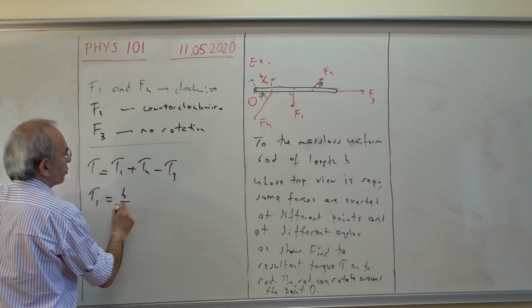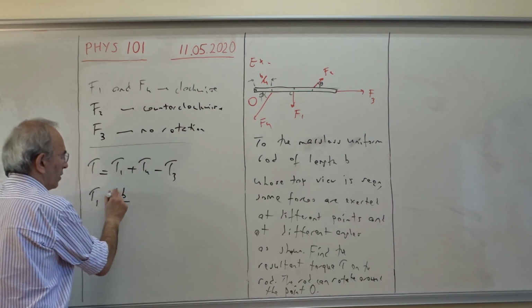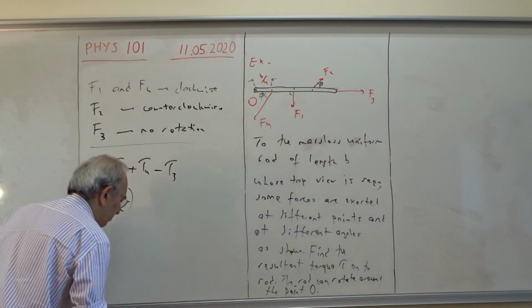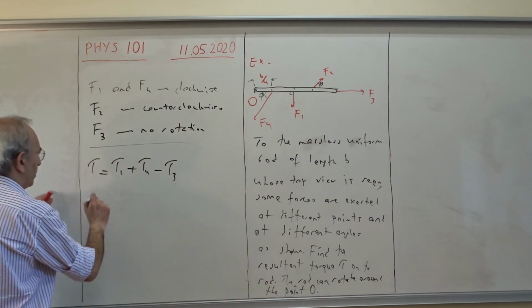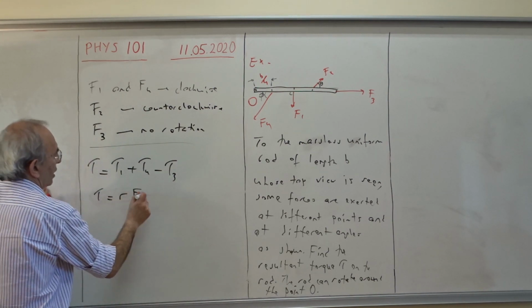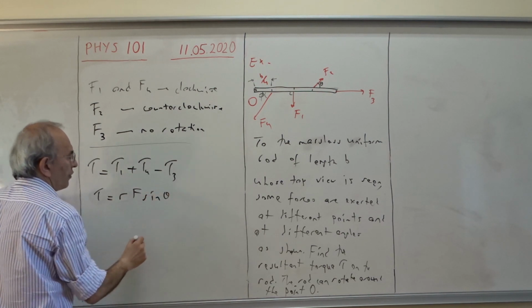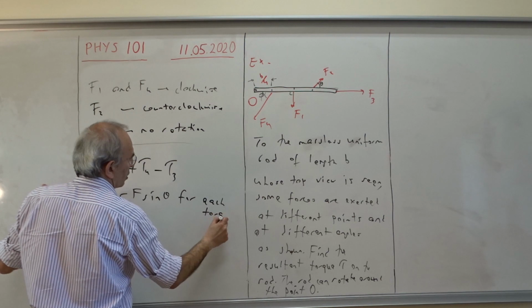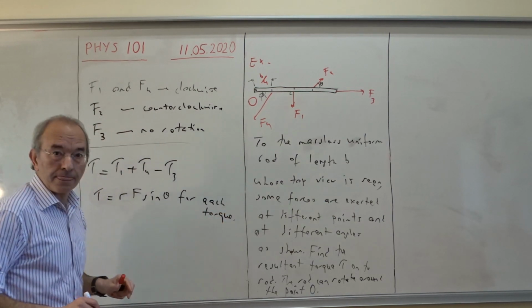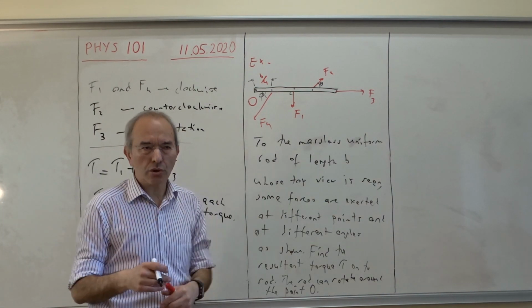Let me write the definition once: tau is equal to r times F times sine theta, for each force, therefore for each torque.